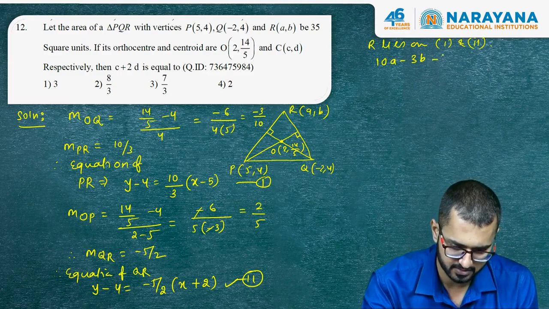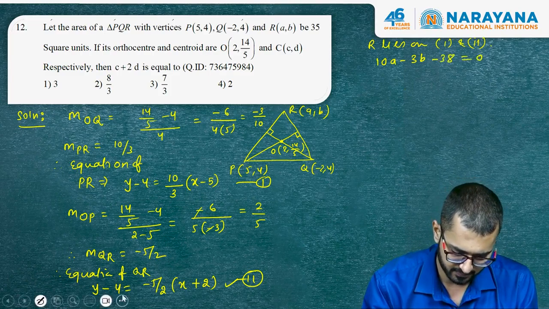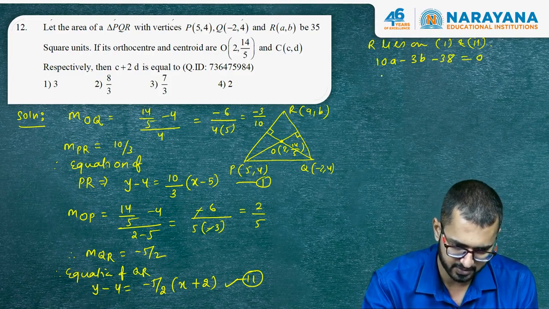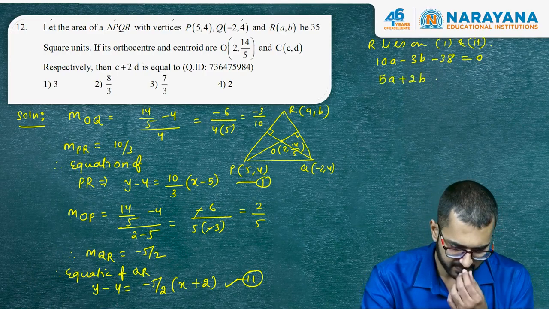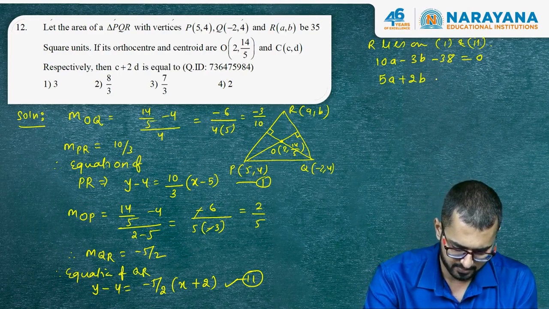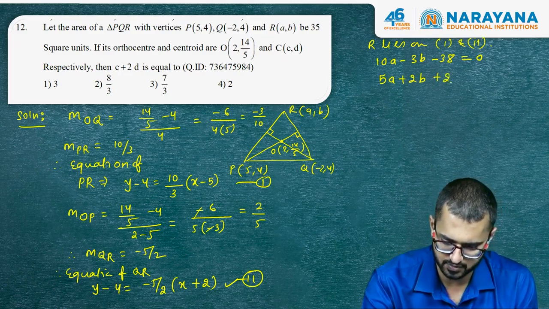So it will become minus 38 is equal to 0. And for this equation I'll be getting 5x plus 2y, it means 5a plus 2b, and then minus 4 plus 10, 6 plus 2 plus 2 is equal to 0.